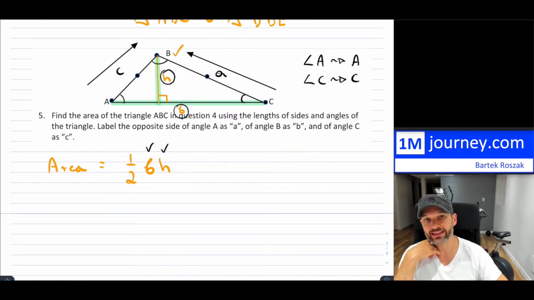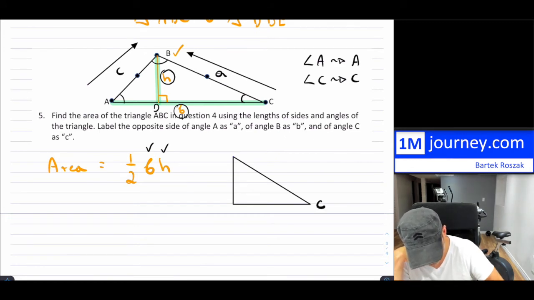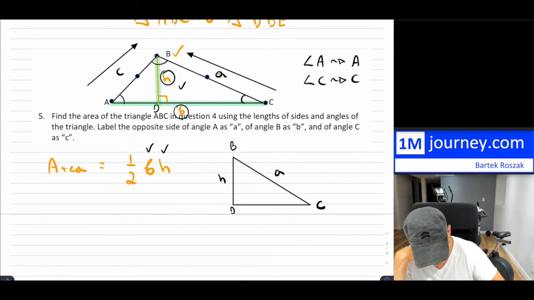And I can relate that back, so I'm going to just draw this triangle right here. So I have that triangle there, and this is, so I'm going to label, so this is C, let's call this point D there. So this is D and B. So that's my H.